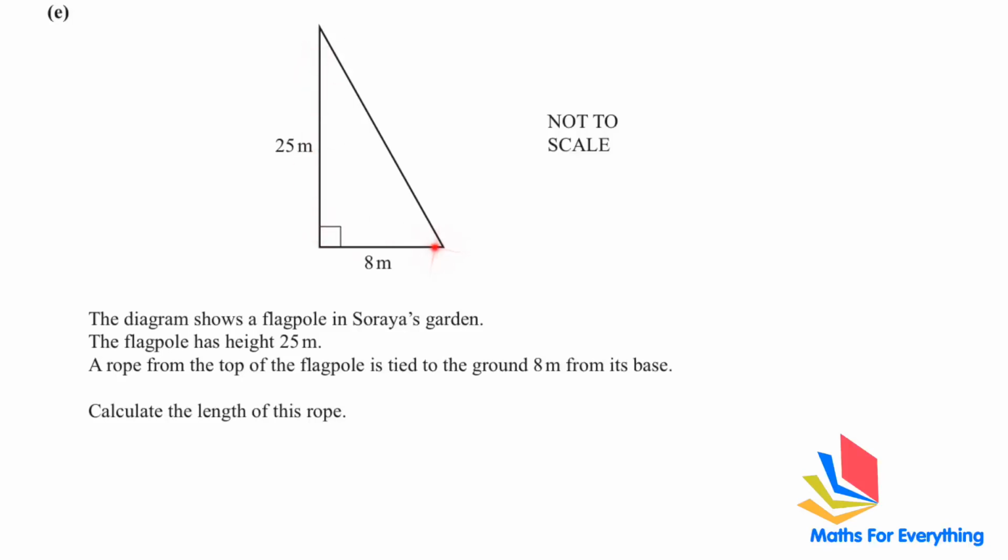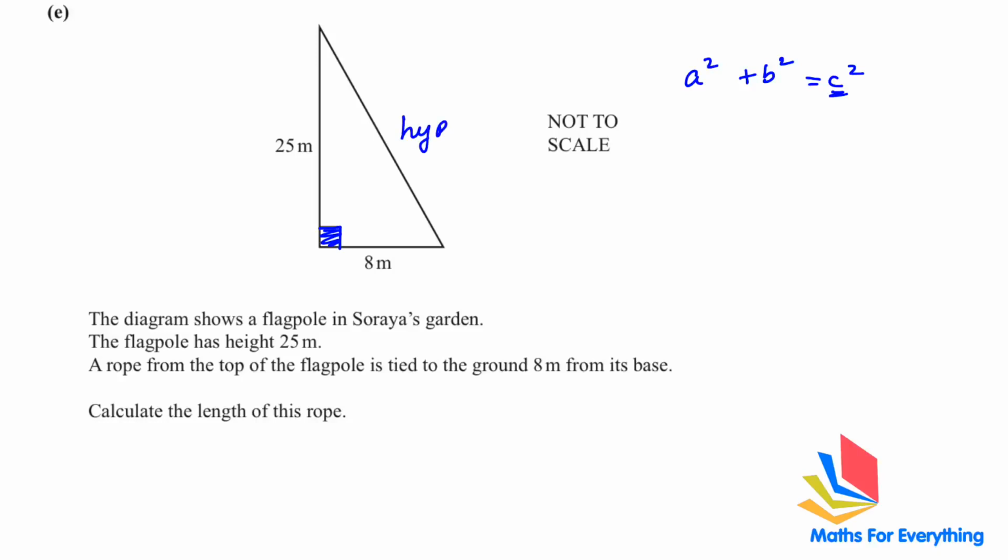You can see that this is a right angle triangle. Whenever you have a right angle triangle and two sides are given, you want to find the third side, we use the Pythagoras theorem, which is a square plus b square is equal to c square. C is your hypotenuse, that is the side opposite the right angle.